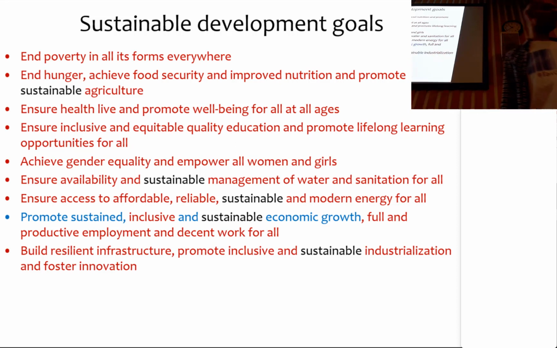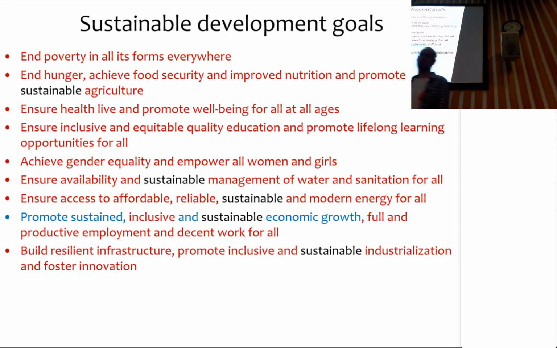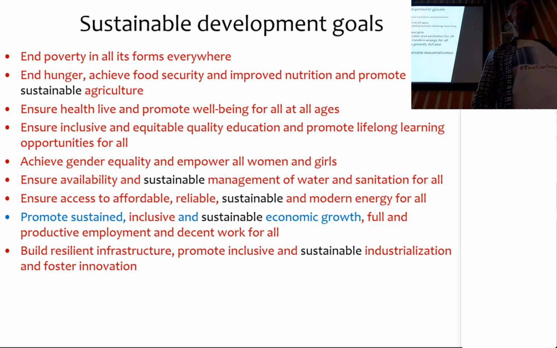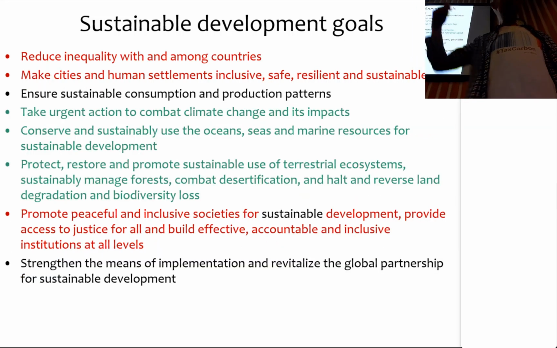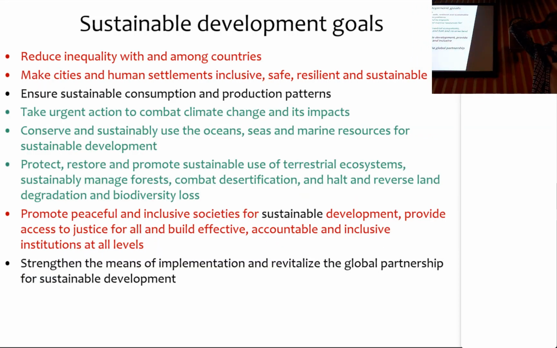The blue things have to do with economic growth, right? And you see a few blue things. The green things have to do actually with the environment. And they only come on the second list. Take urgent action to combat climate change, conserve and sustainably use the oceans, protect and restore and promote, again, sustainable use of terrestrial ecosystems.